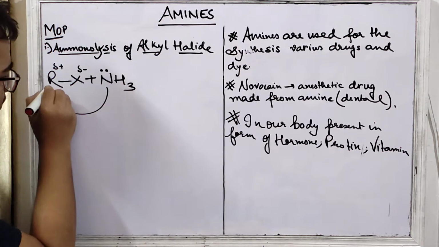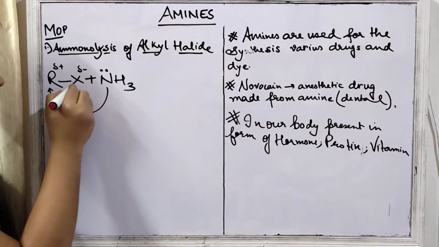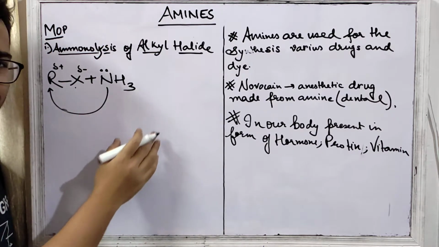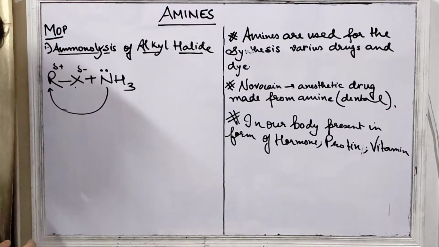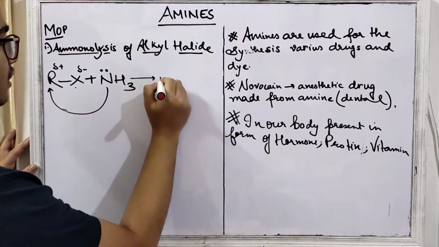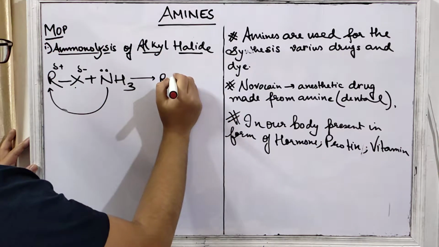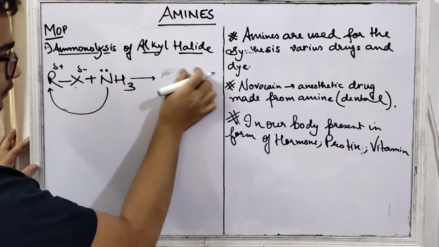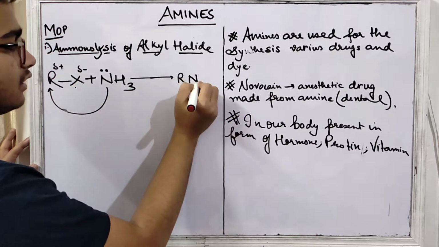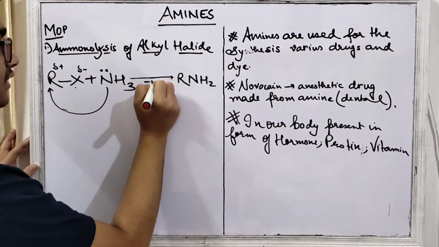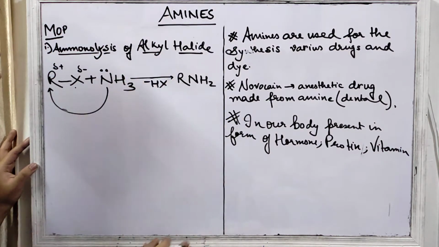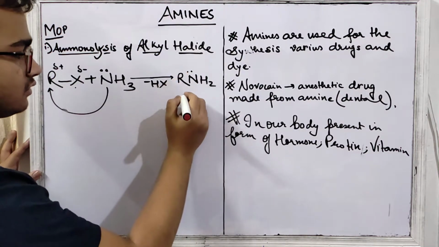So this N will come over here, this X will be removed, and one hydrogen from here will get bonded with it. So we get RNH2 and minus HX, right? One hydrogen combines with X and comes out as HX. So this is a primary amine.